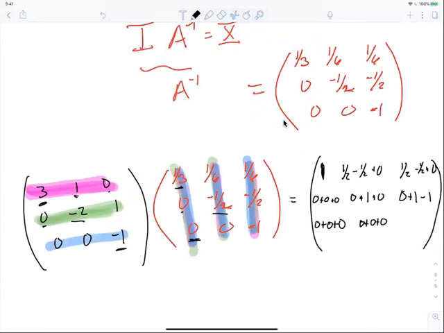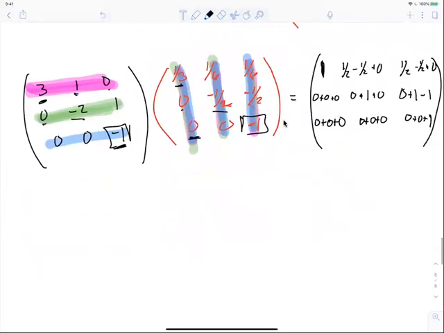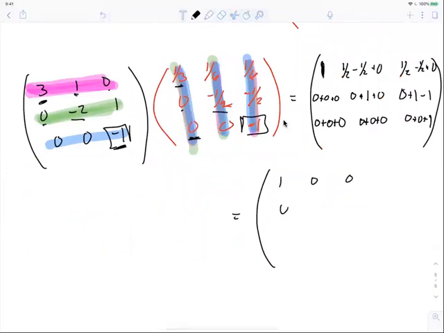And finally, for the last one, you get 0 plus 0 plus 1. We have a minus 1 times a minus 1 gives us 1. So altogether, this becomes exactly 1, 0, 0, 0, 1, 0, 0, 0, 1, just like we wanted.